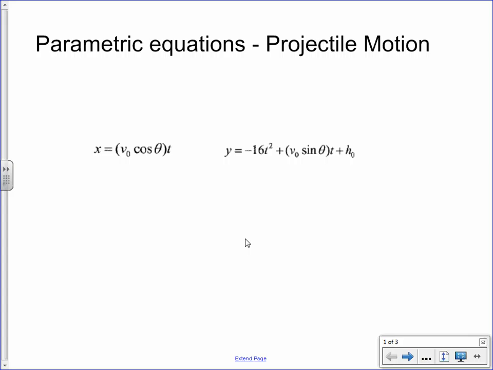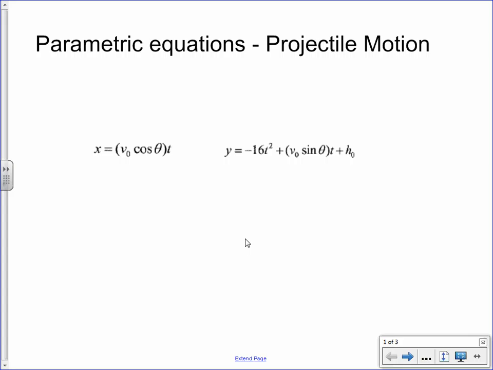So here are your two equations for a set of parametric equations that describe projectile motion, okay? So this is describing, okay, x we think of what direction? Horizontal.